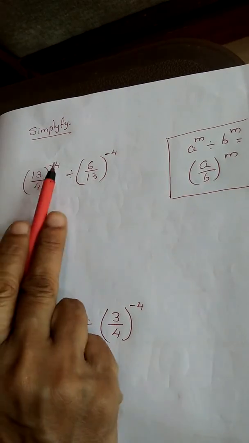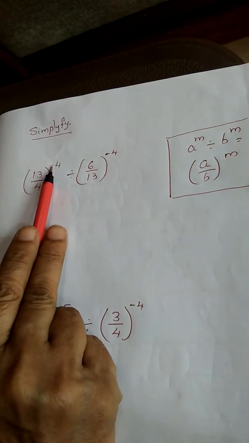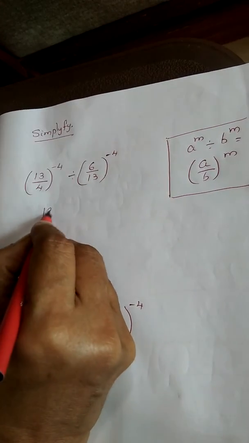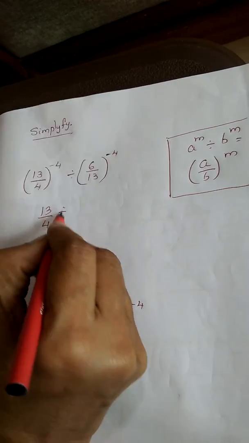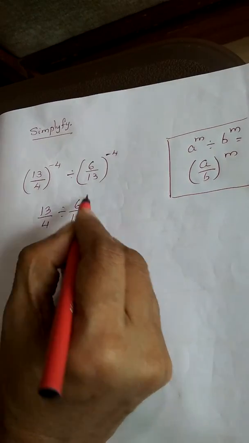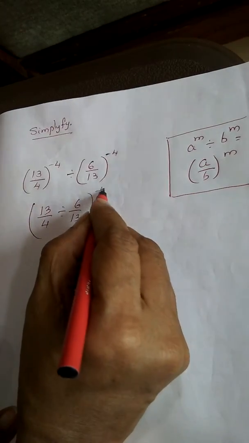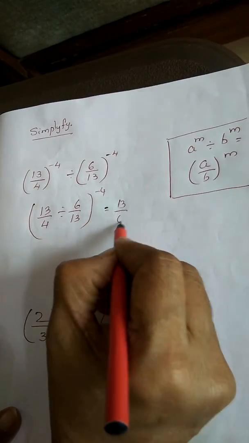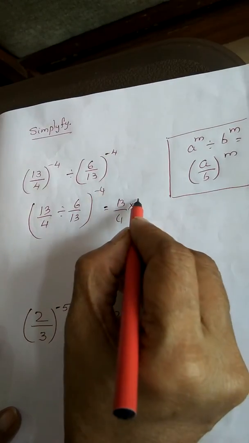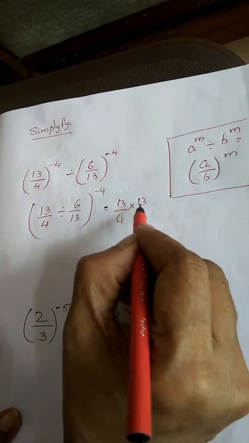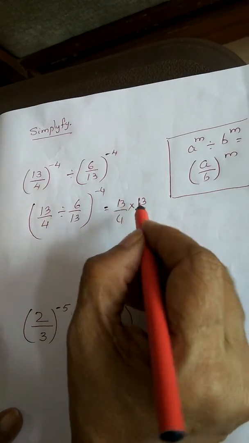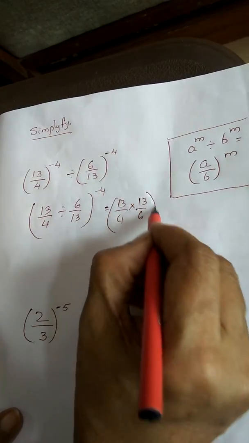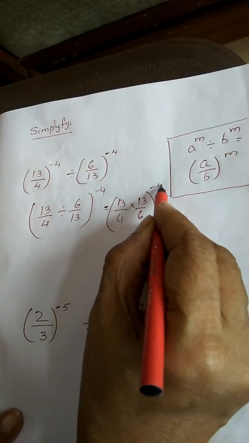So here again we have to simplify. The powers are the same. So you can write this as 13 by 4 divided by 6 by 13, the whole to the power of minus 4. This is equal to 13 by 4 into 13 by 6, the whole to the power of minus 4.